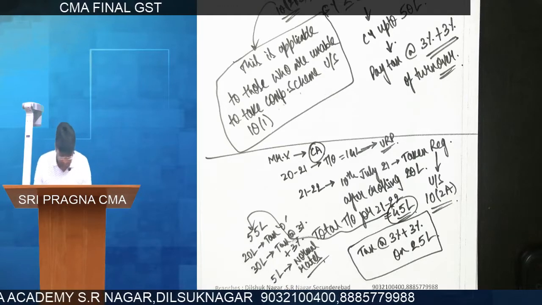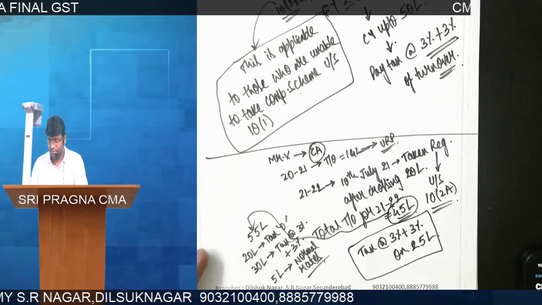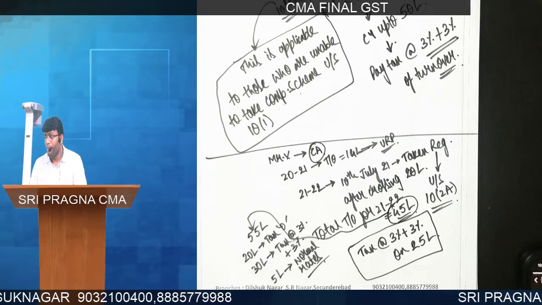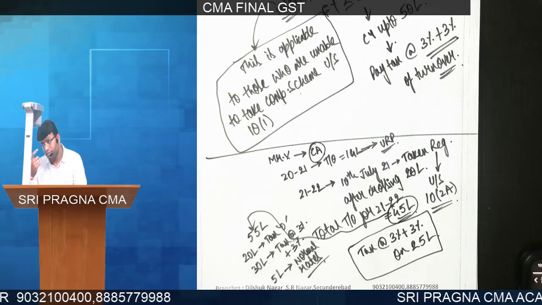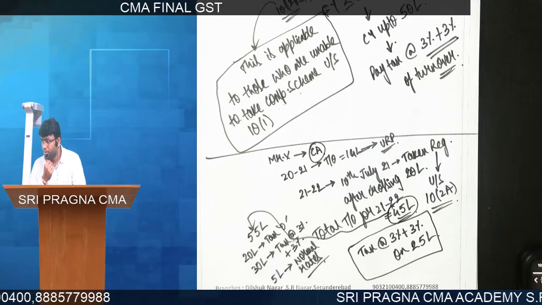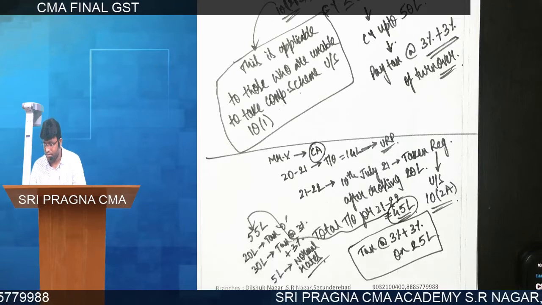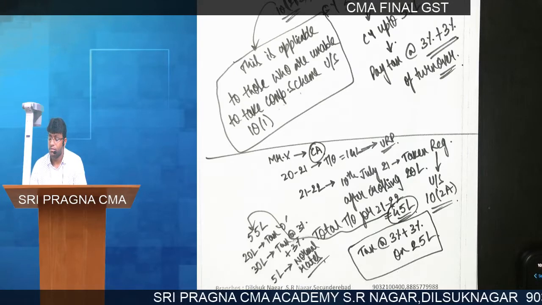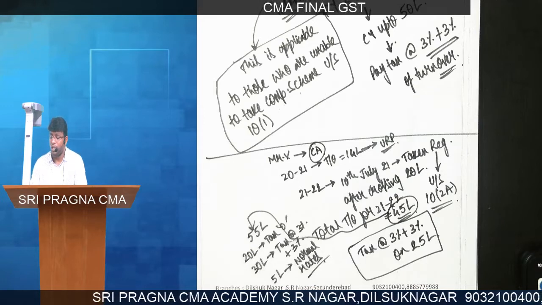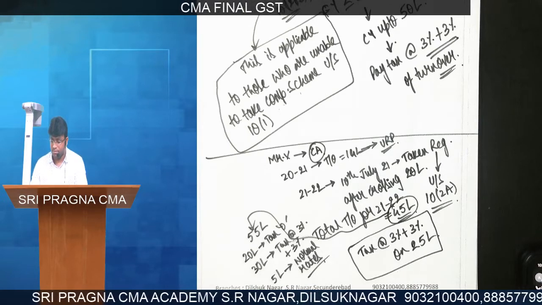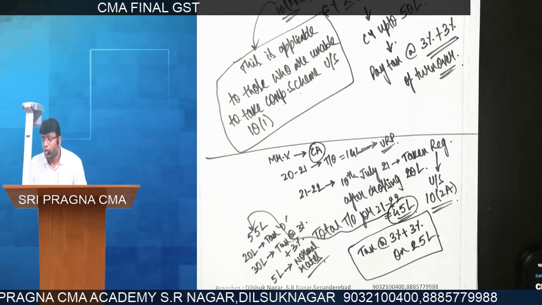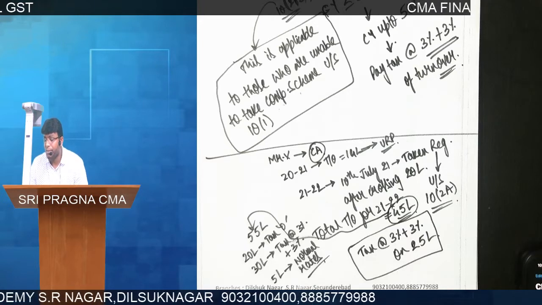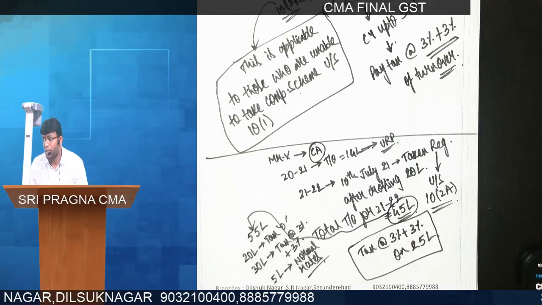Finally, last point. He has to display at his place of business that he is a composition taxable person not eligible to collect tax on supplies.